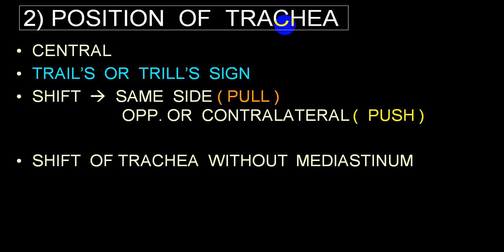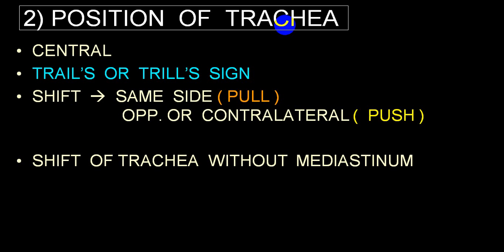While push from the opposite side, as far as lung is concerned, is unilateral emphysema of the opposite side, or because of a big mass on the opposite lung. Not very common, rare.